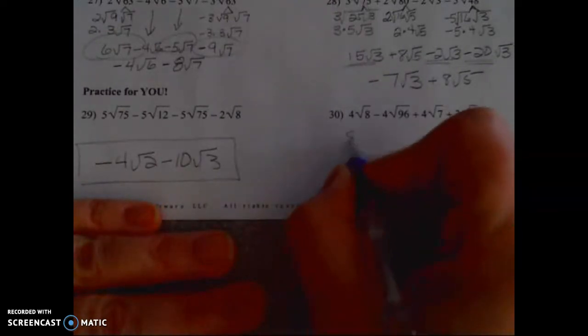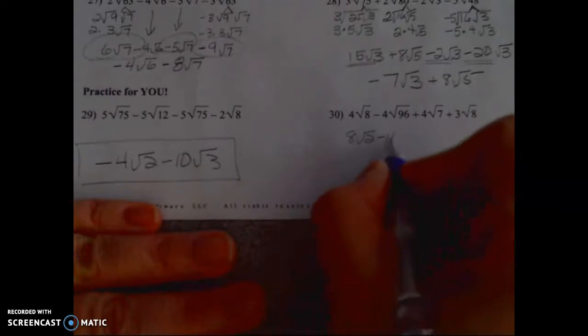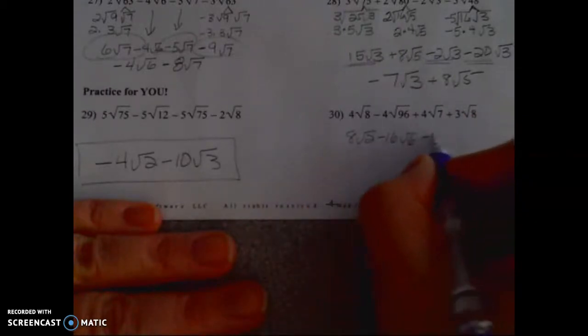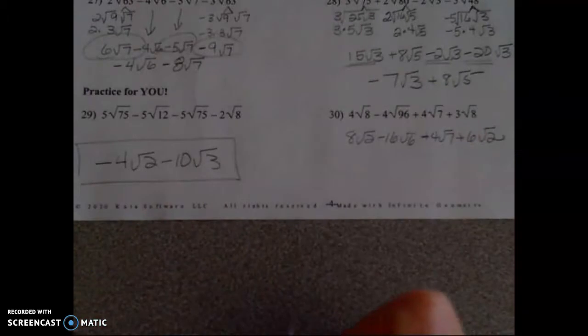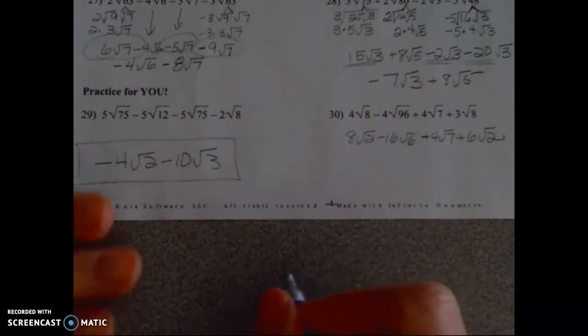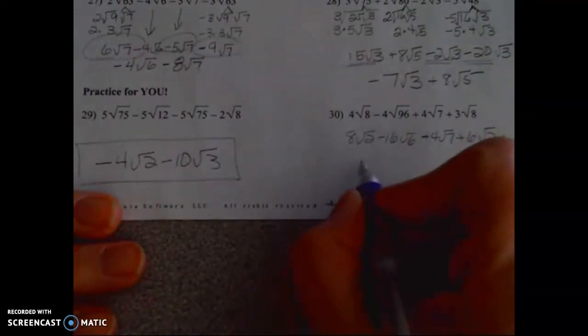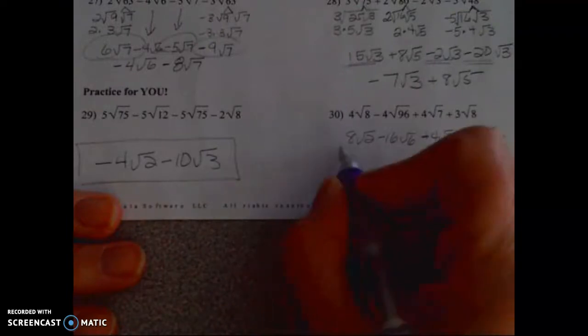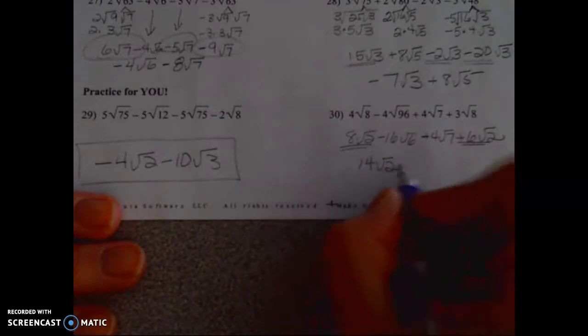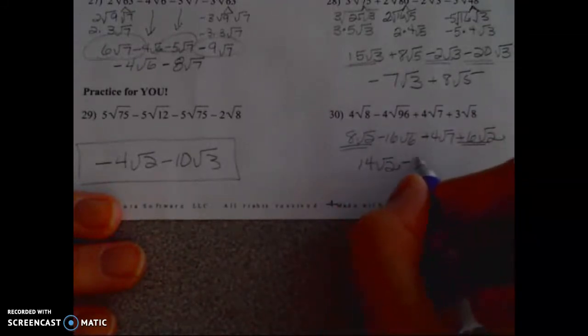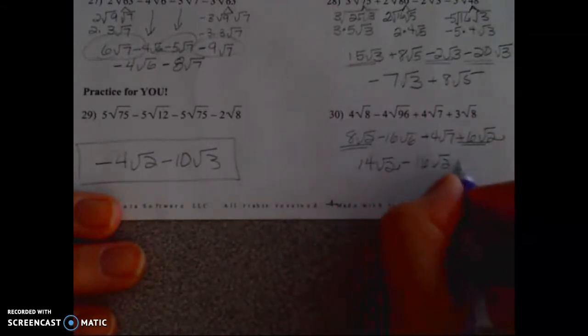This is 8 root 2, 16 root 6, 4 root 7, oopsie, that's a plus. 3 root 8 becomes 6 root 2. Final answer is 14 root 2 minus 16 root 6 plus 4 root 7.